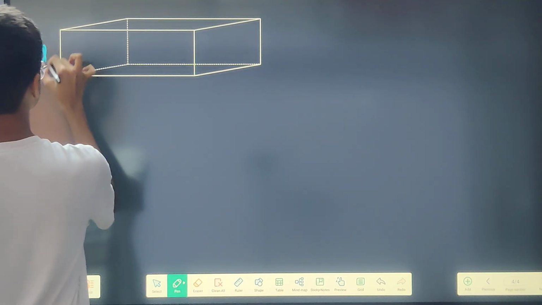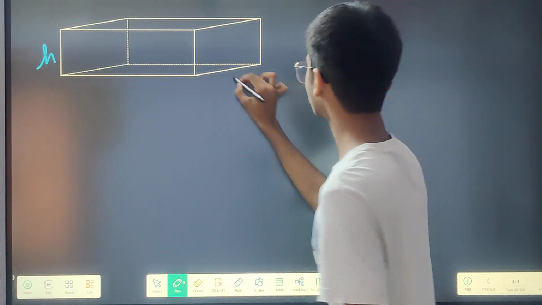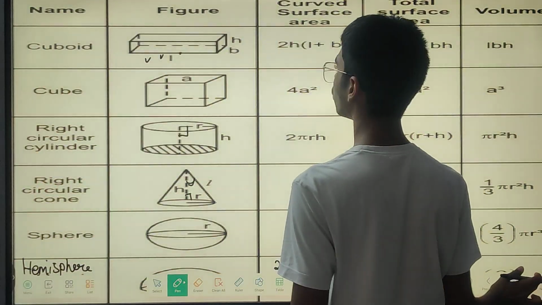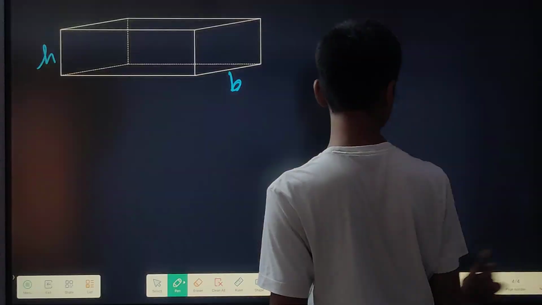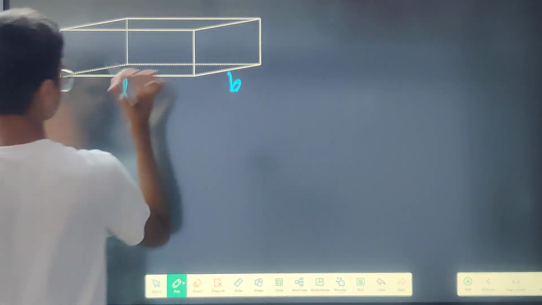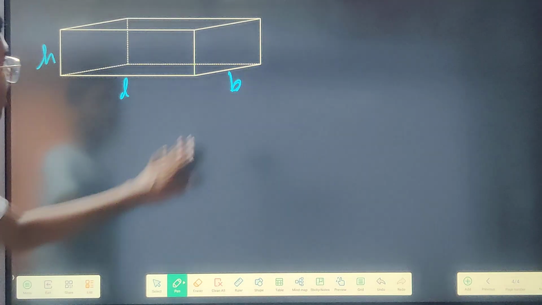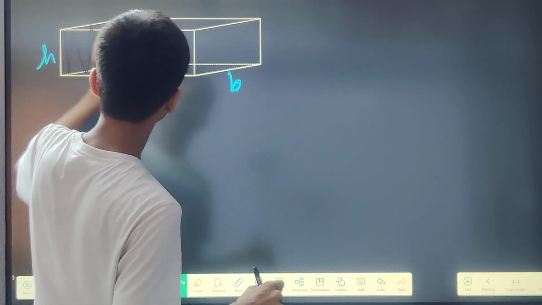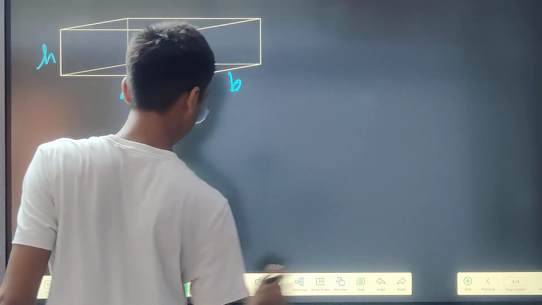Let us keep this as H. Then this is B, and this is your L. So you have to exclude this one and then this one. First you will take this area.